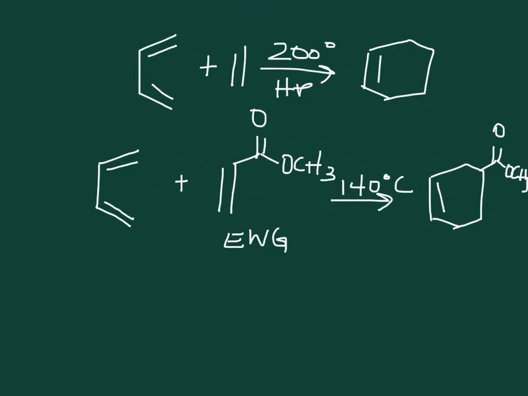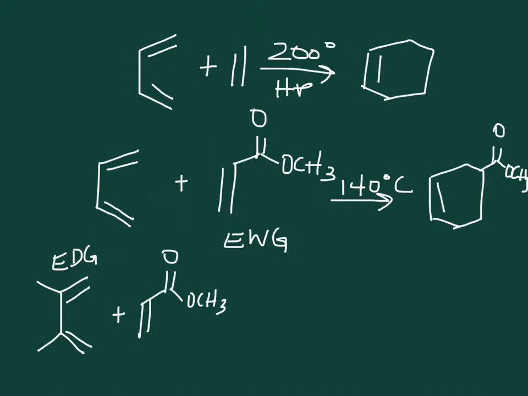Okay, now, if we put an electron donating group on the diene and still have our electron withdrawing group on the dienophile, we can have this reaction proceed at 30 degrees.